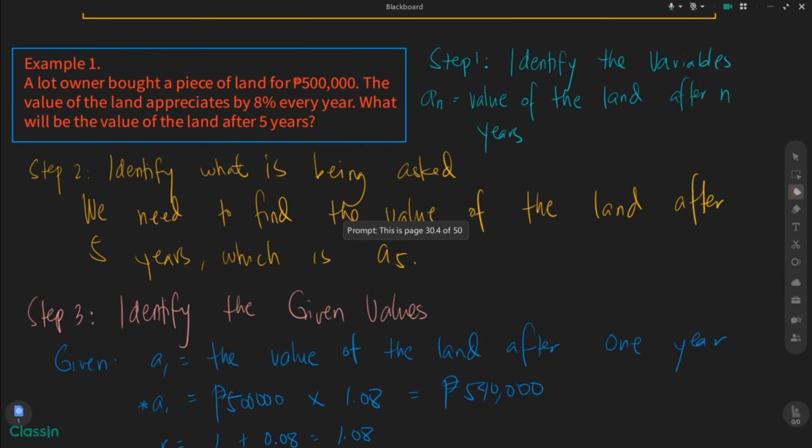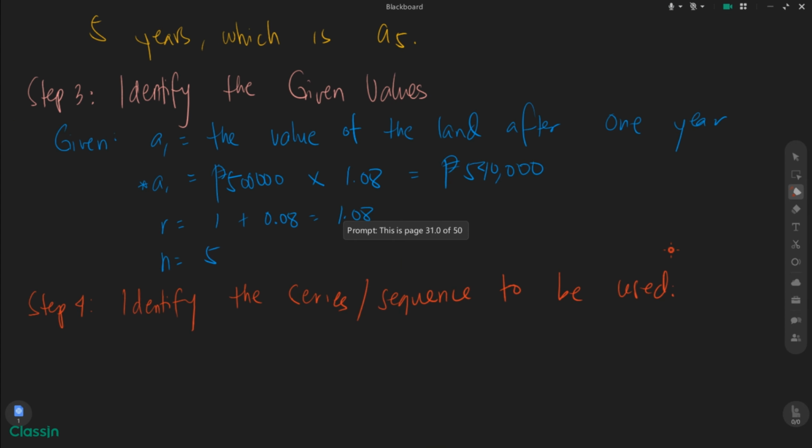In this problem, as you can see, a lot was bought for 500,000 pesos. The value of the land appreciates 8% every year, so it increases by 8% every year. So what is that? Is that geometric or arithmetic? Okay, that is a geometric sequence.